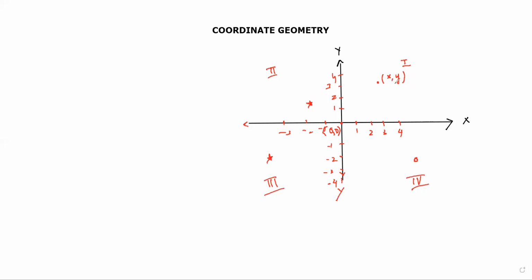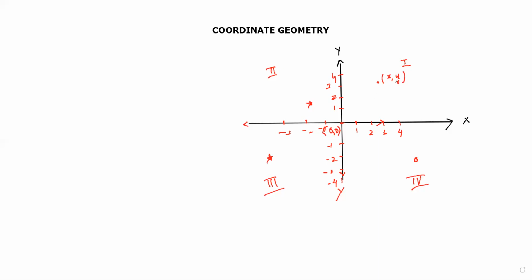Okay, so now coming to the first quadrant, I have to find whether my x is positive or negative, and whether y is positive or negative. We have to find the sign. So very easy. In this case, x, which is the distance on the x-axis, will be a positive number. Why? Because all these on the right-hand side are positive numbers.